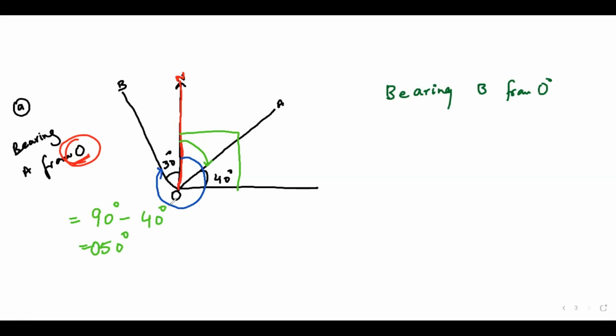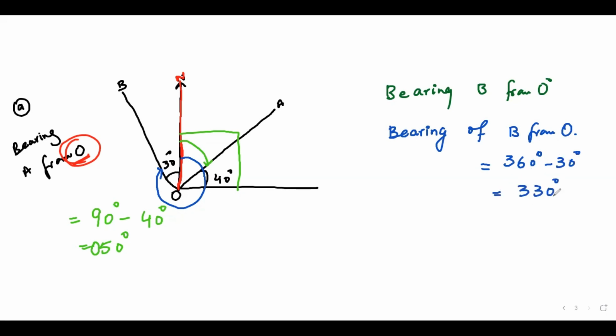From 360 degrees, if I remove this 30 degrees, I will get the bearing of B from O. So the bearing of B from O is equal to 360 degrees minus 30 degrees, which is 330 degrees. As it's already three digits, I will not add 0 to it. Clear?